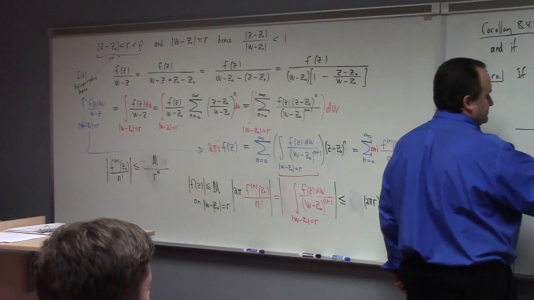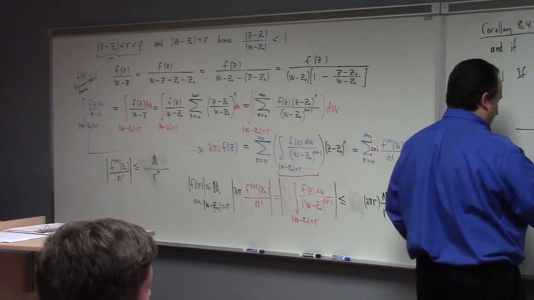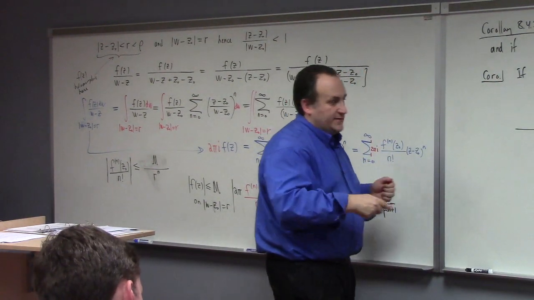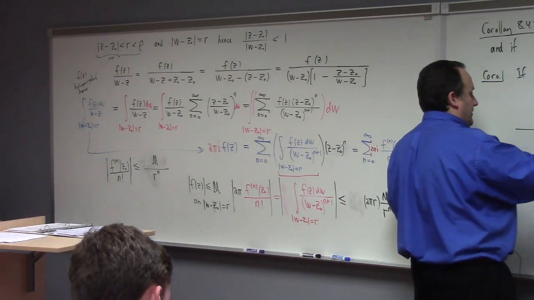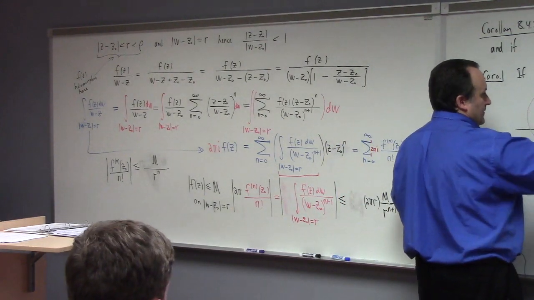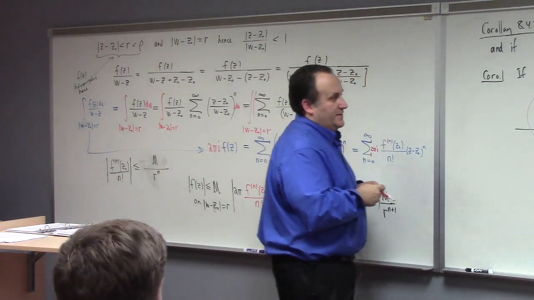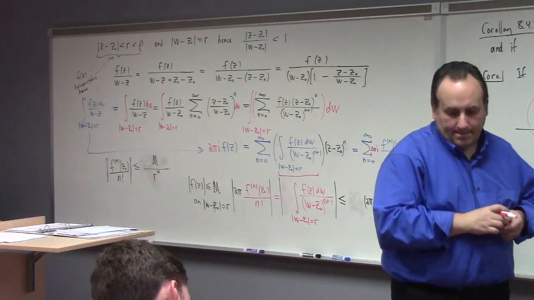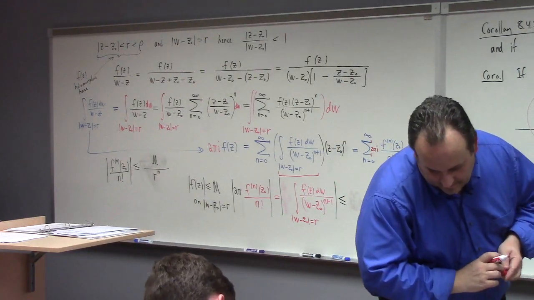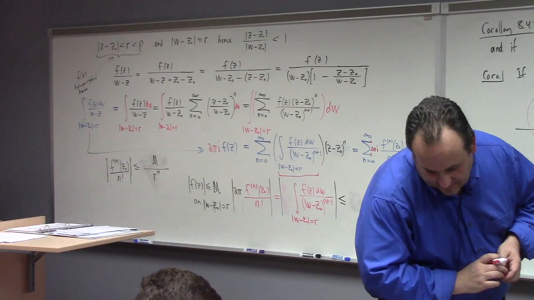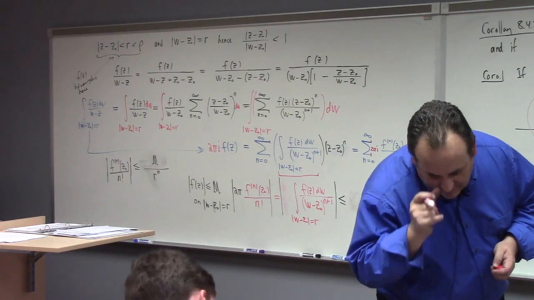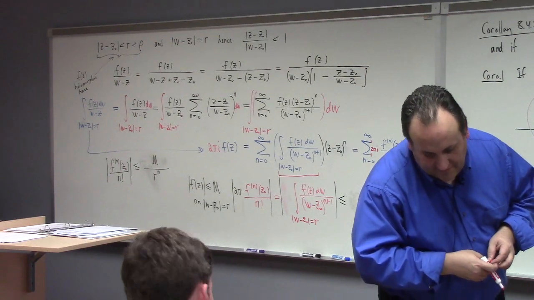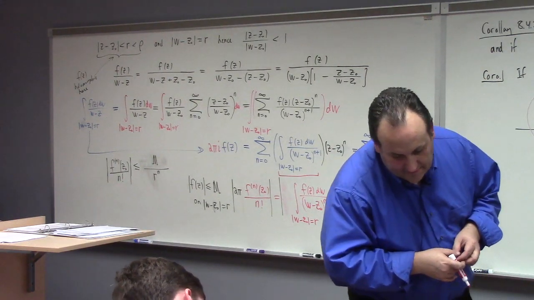So here's z naught, right? The radius of convergence for this power series will be as big as you can make it up until what happens? It's not holomorphic at a point inside the circle. The language I use is: the radius of convergence of the power series is the largest number r such that f of z extends to be holomorphic on the disk.